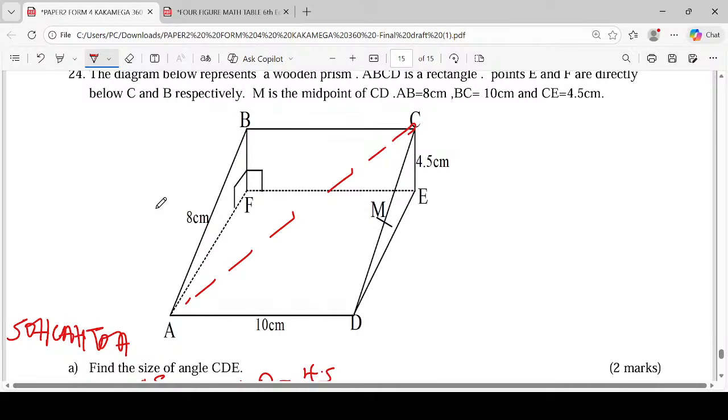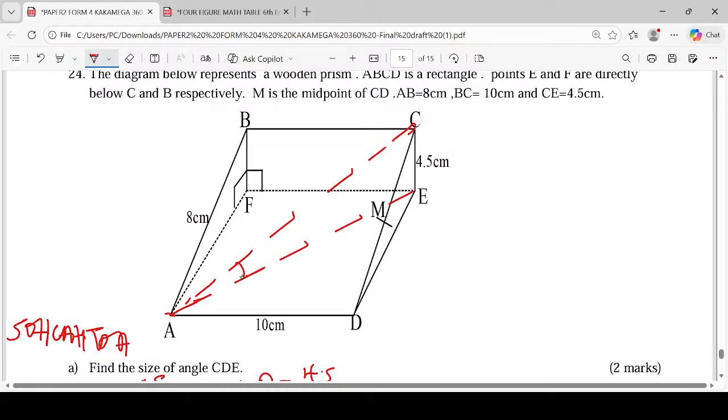Let me join first of all so that we see. So that plane and the base. So one thing I want you to understand, the angle made by them is simply this angle here.